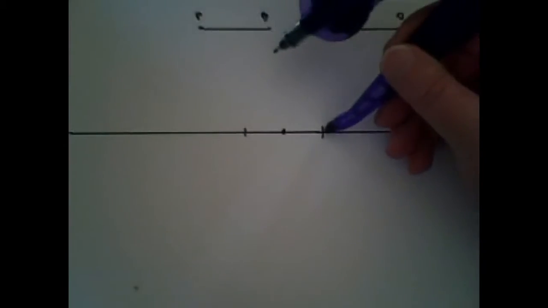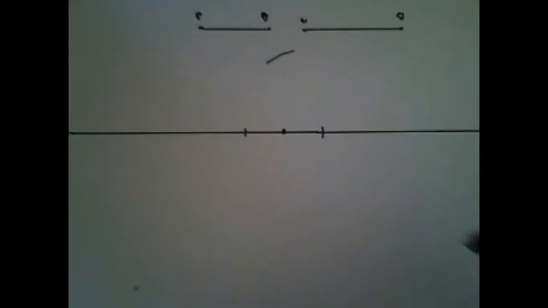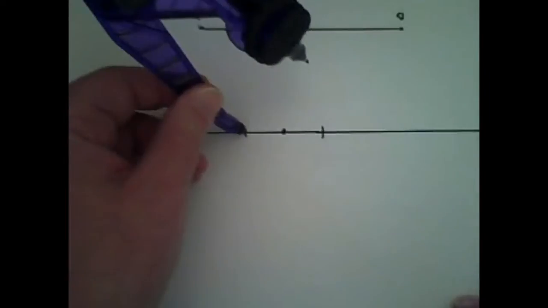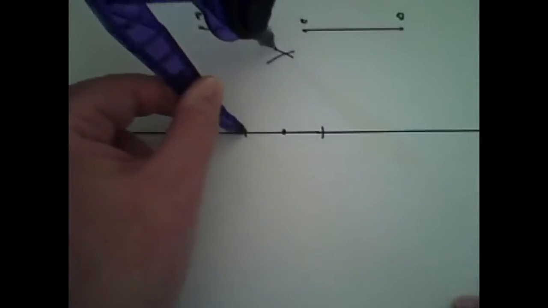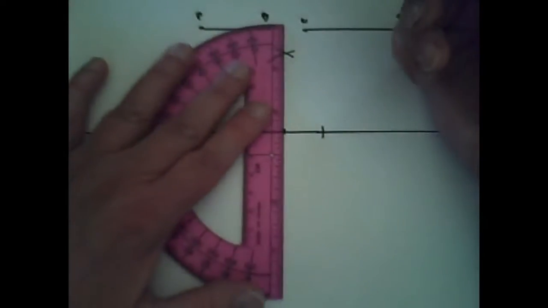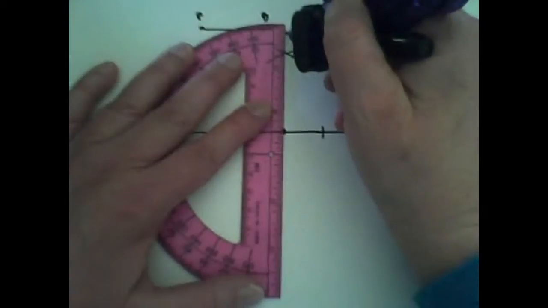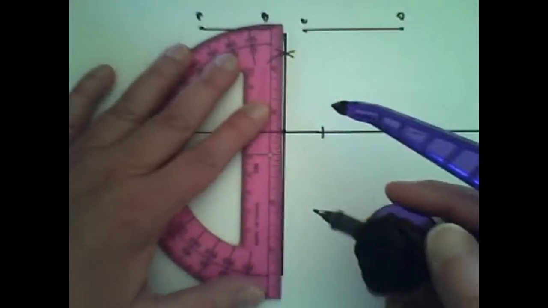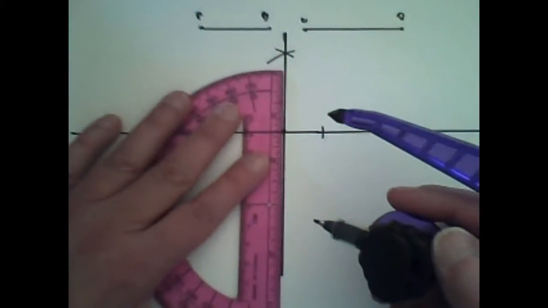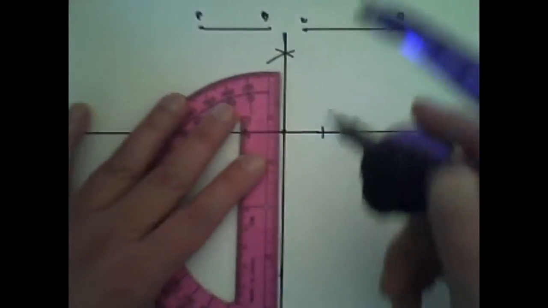Stretch the compass out longer, and from each of those intersections, put two arcs, either above or below. I'm going to go above. And then we can connect that intersection with the point, and we've got our perpendicular. Now, we're just going to leave that perpendicular there for a second. We'll be back to it.